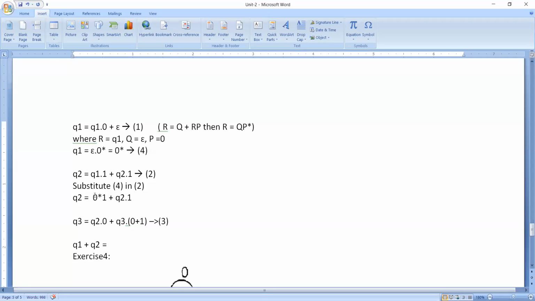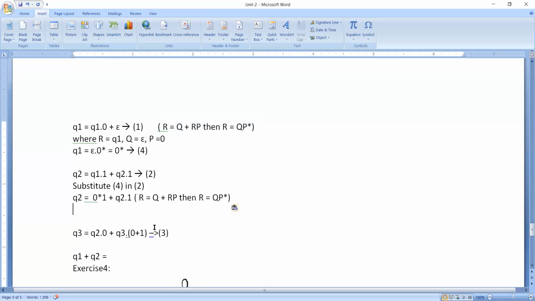Now please observe, is the given equation available in this form or not? You can see here, it is available in this form.